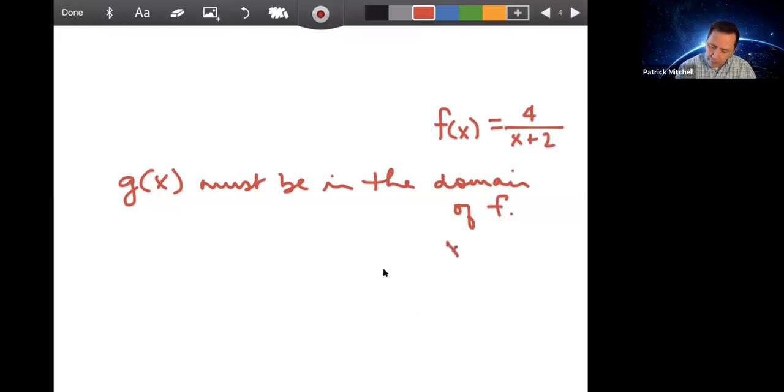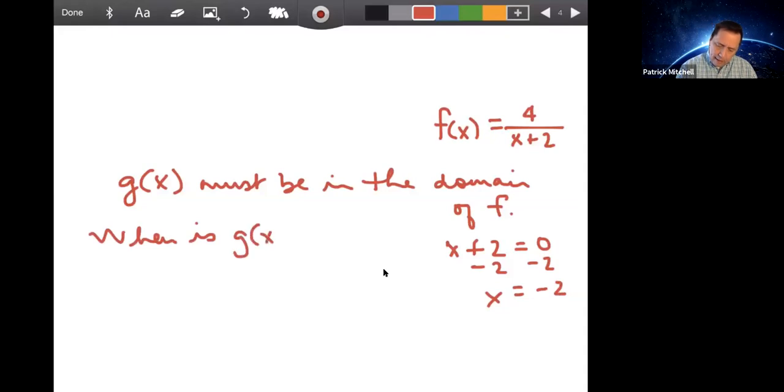And of course, if x plus 2 equals 0, that means x is negative 2. So we have to make sure that g of x is not negative 2. So the question now is, when is g of x equal to negative 2? Remember, g of x was 1 over x.